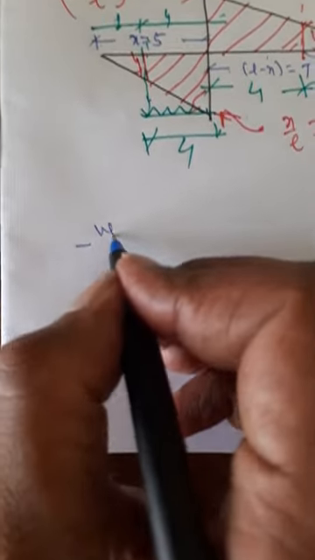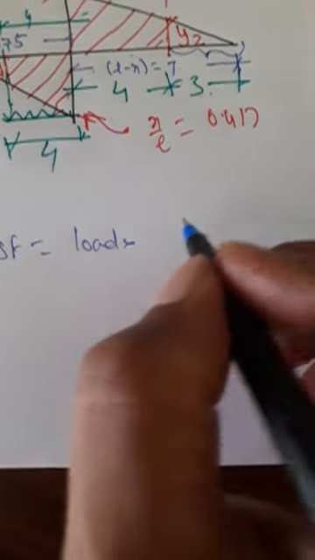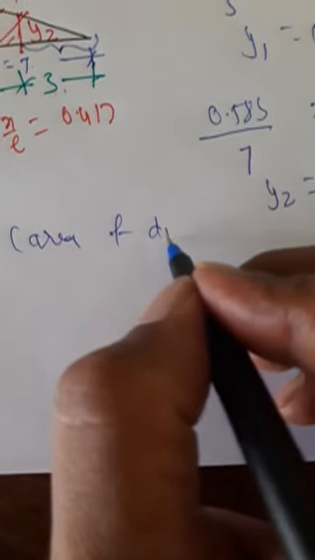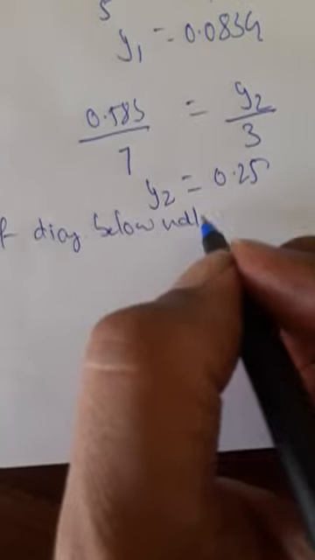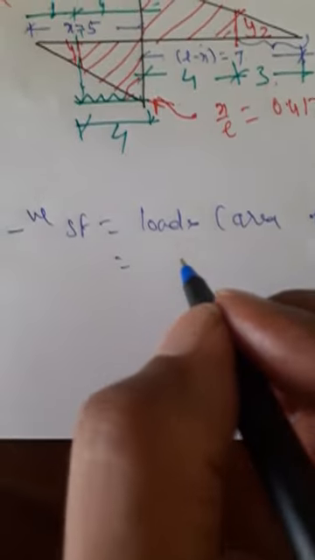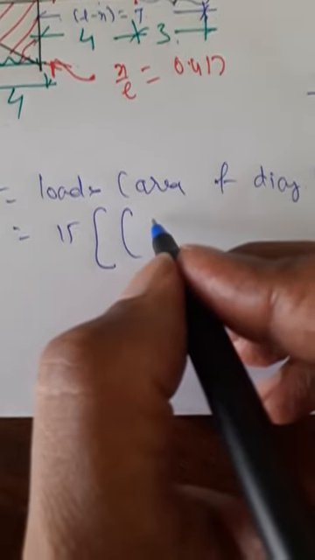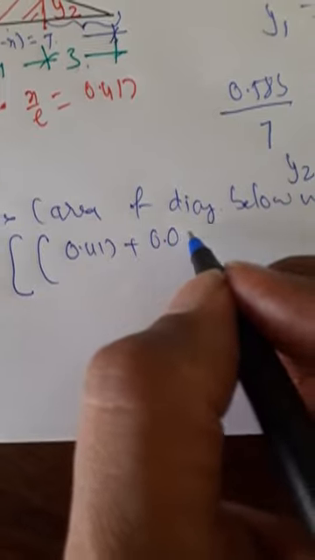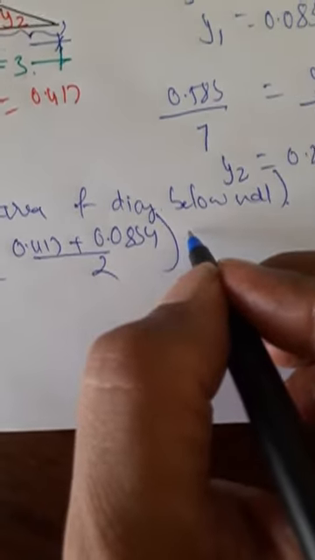Maximum negative shear force is equal to load into area of the diagram below the UDL. So the load is 15, area, average height, that is (0.417 plus 0.0834) divided by 2 into the span of UDL 4.